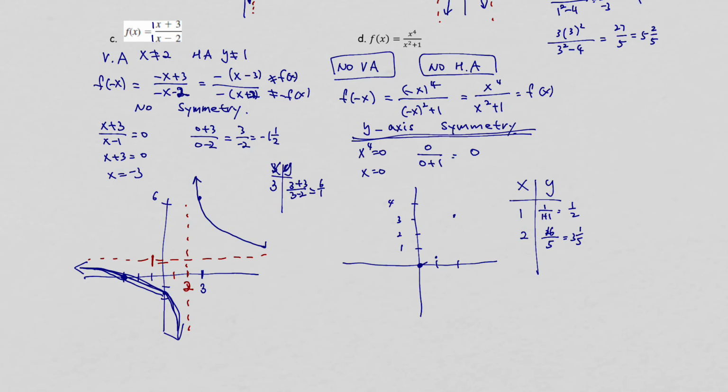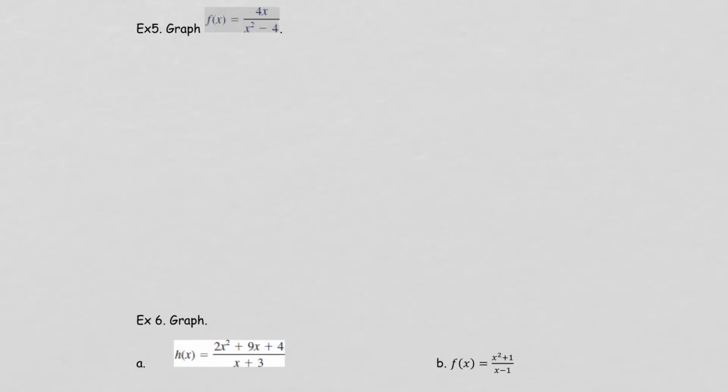A smooth curved line connecting those two dots looks like that. Because of y-axis symmetry, the other side should be exactly the same. It looks like a parabola, but that's what we have without the asymptote information. So here I'm trying to show you all different types of graphs. I'm going to try one more, and then I will do an example with the slant asymptote.